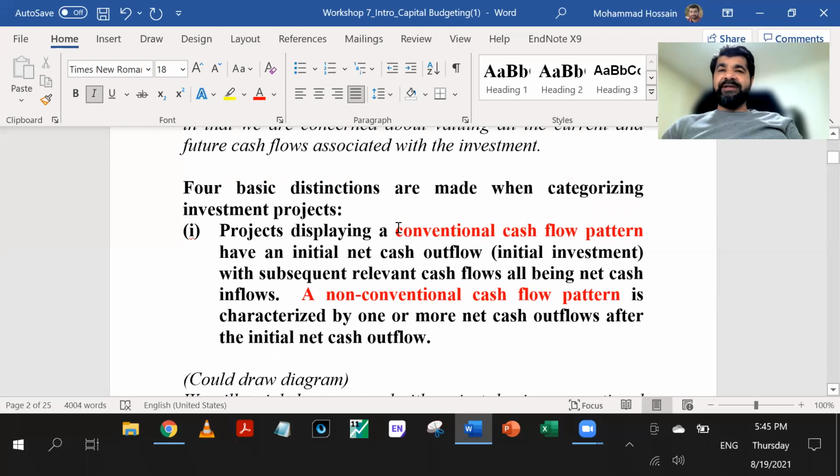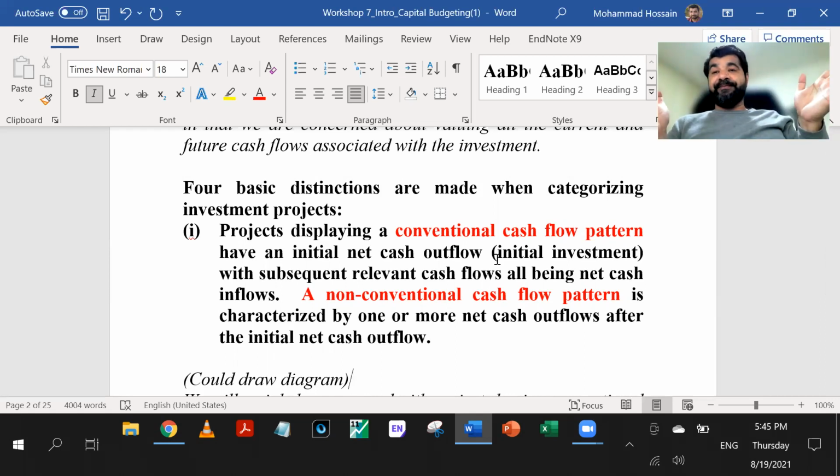Now the question comes up, what is this conventional cash flow pattern? It means you have an initial net cash outflow, which means that at the beginning you make an investment, 10,000, 100,000, 20,000, and the money goes out of the business.